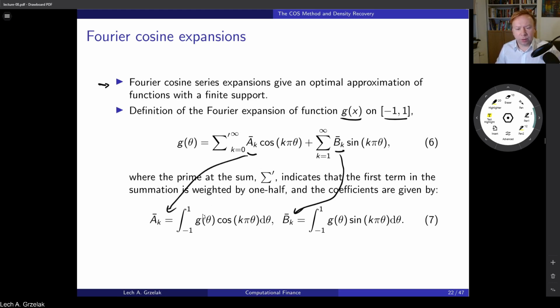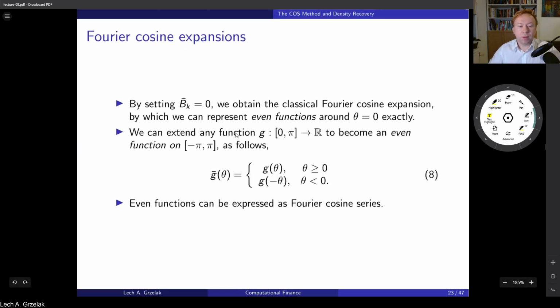This is essentially the relation for function g. It's an infinite sum of integrals involving the same function. So that's the equality relation that you have. Of course, the number of terms has to be infinite. Otherwise, in practice, we would just truncate the summation with a particular number of terms.